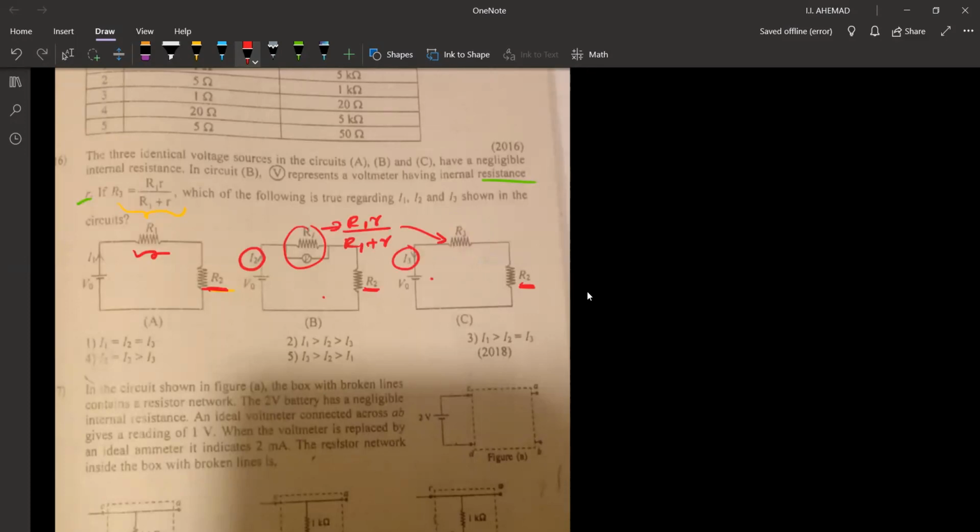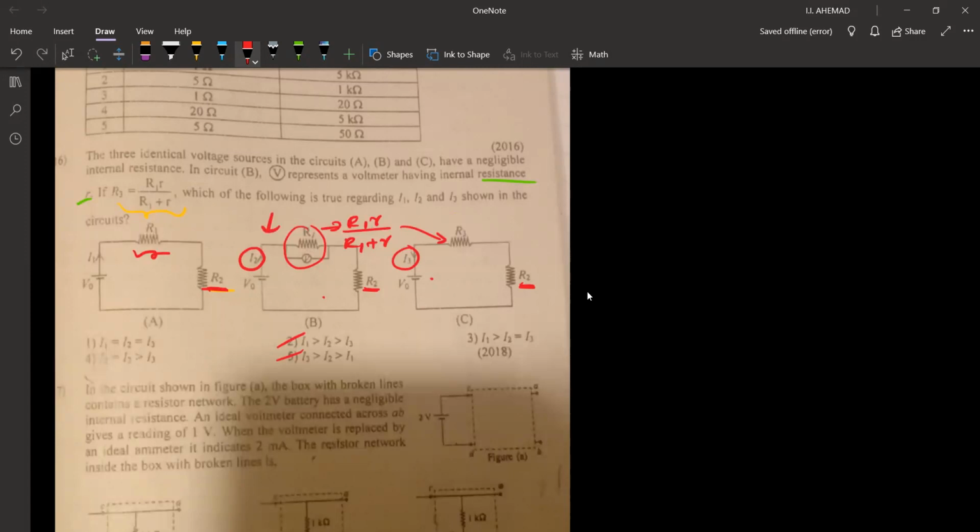So we can cancel off these two answers. And here I2, I3, okay. So all the others are possible. All the remaining three are possible. Now let's compare these two cases. In these two cases, we know that the resistance here is going to be low because it has a parallel combination.